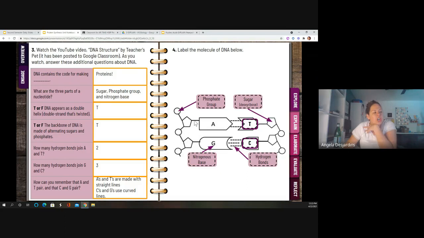And then the sugar, their job is to hold the code. All three of those pieces together make up one single nucleotide. So you have the phosphate, sugar, and base, and they're connected at those swiveling little joints on the phosphates. Okay.